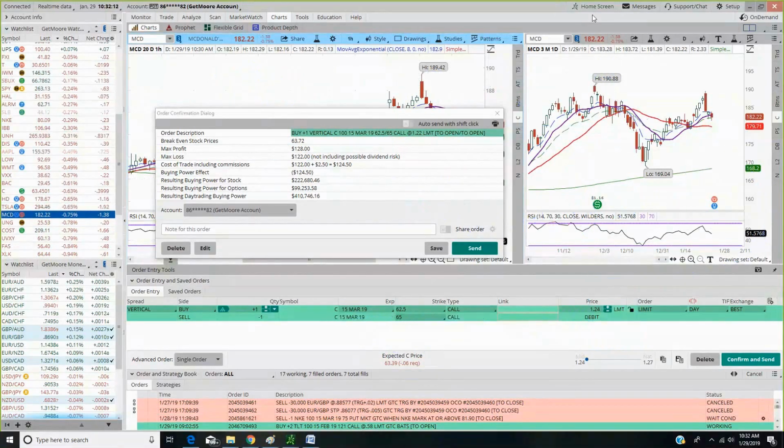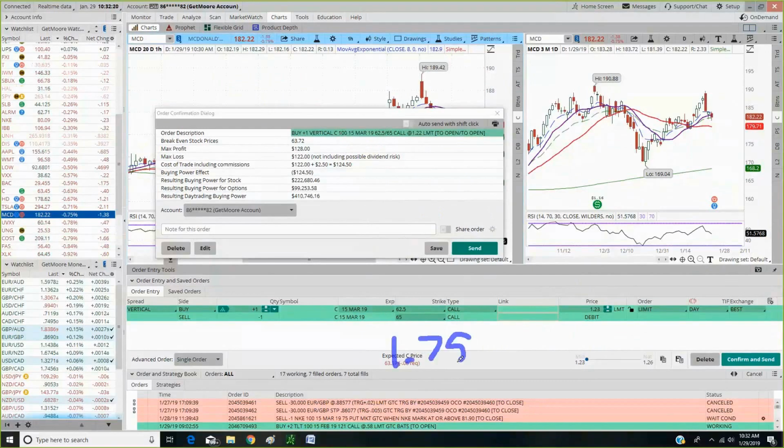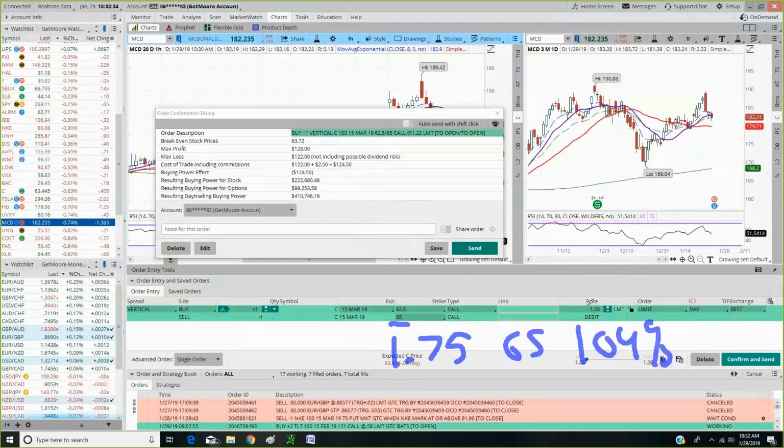So what I'm telling you is if Citigroup goes up $1.75, that's it, and closes by expiration above my 65 strike, I will get a 104% return on my money.